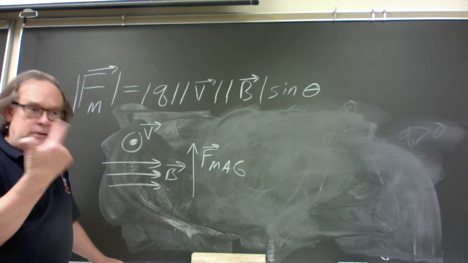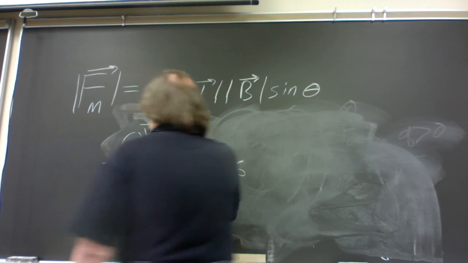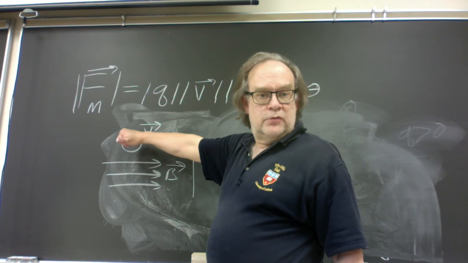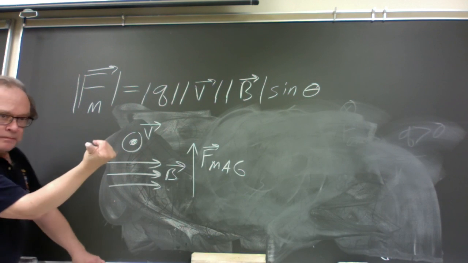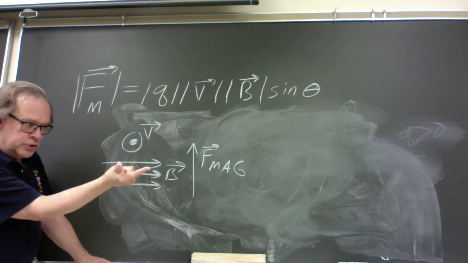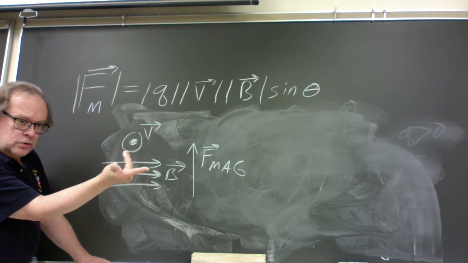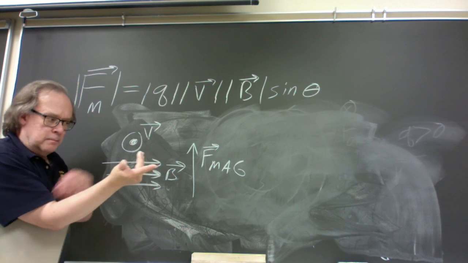Well, let's just go through the right-hand rule again. Thumb in direction of the velocity, index finger in direction of the field, points to the right. Turn the other three fingers so that they're perpendicular to those, and then we get a force pointing up.